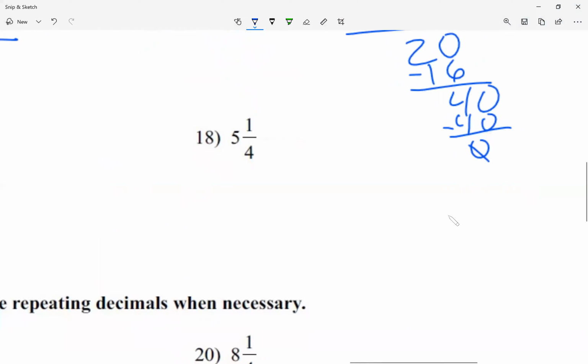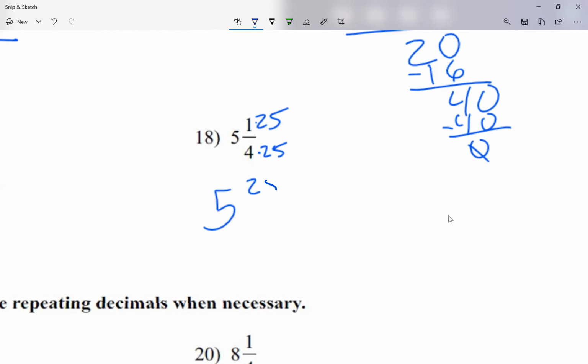Now here, I'm just looking at the fraction, 1 over 4. Now 4, I could make it a 10, but it's not going to be that nice. So I can make this into 100 if I multiply top and bottom by 25. So that gives me 5 and 25 over 100.